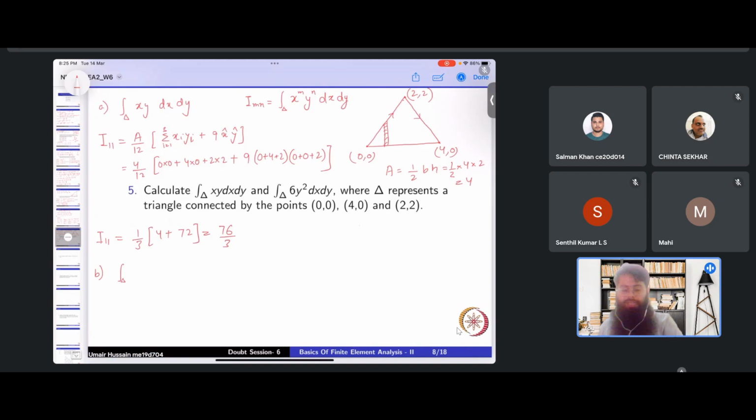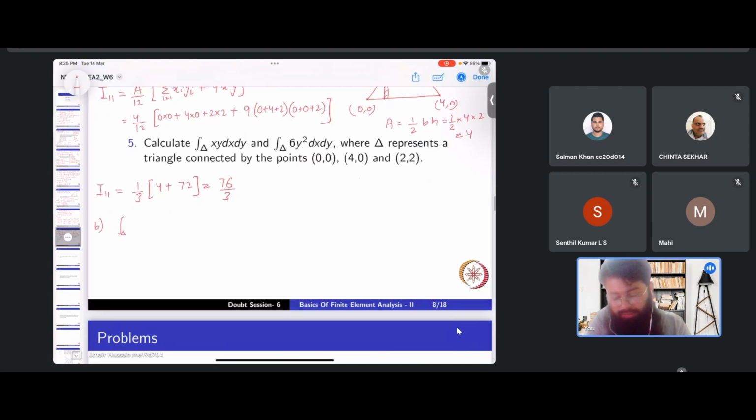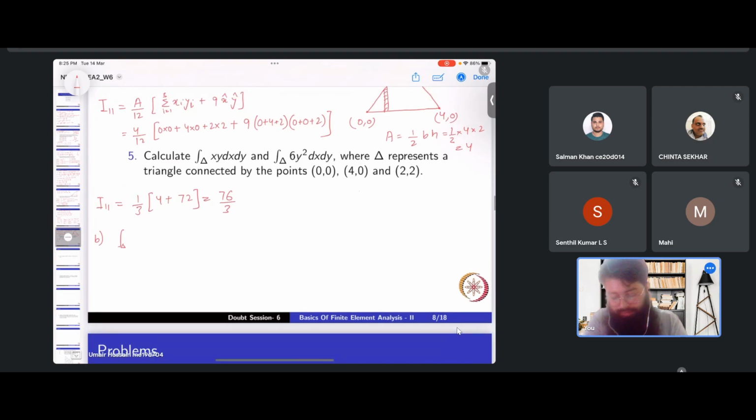So the integral limits would be a function, that is, the equation of this line. That's a rather complicated thing, and this is a very straightforward formula to do this. So now even I can appreciate the use of this formula.